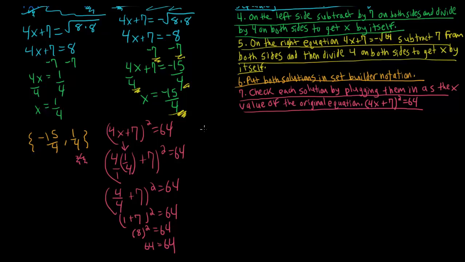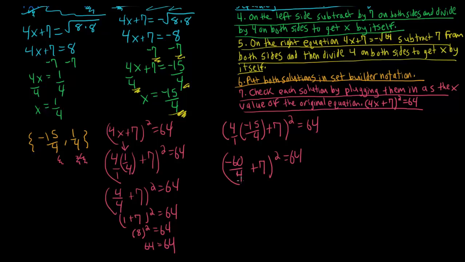Now let's plug in negative 15 over 4 for our x value. So we have 4 times negative 15 over 4 plus 7 squared equals 64. 4 times negative 15, because this is the same as 4 over 1. 4 times negative 15 is negative 60 over 4 plus 7 squared equals 64.